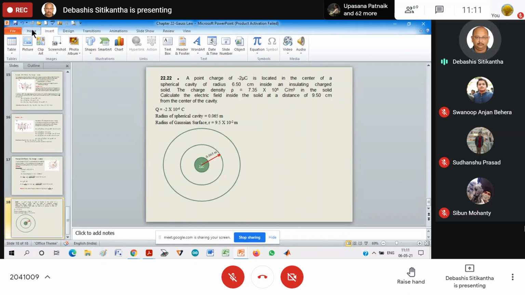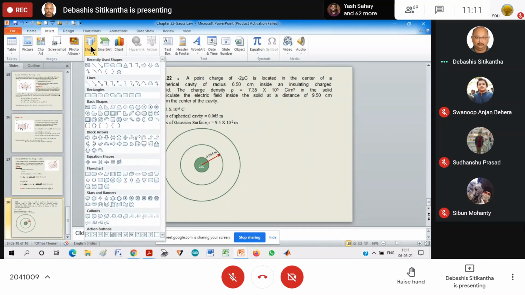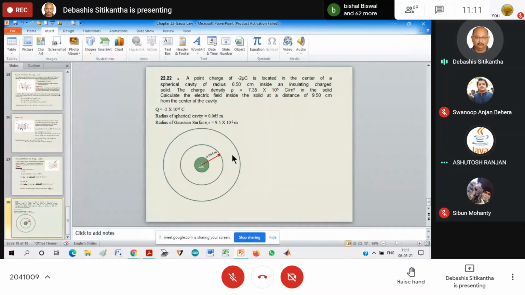Are you getting what I am saying? Yes or no? If you are having any problem, tell me. So this is an insulated one. Inside it there is a cavity. I have placed a point charge of -2 microcoulomb inside it. Now this cavity is having a radius of 6.5 centimeter.